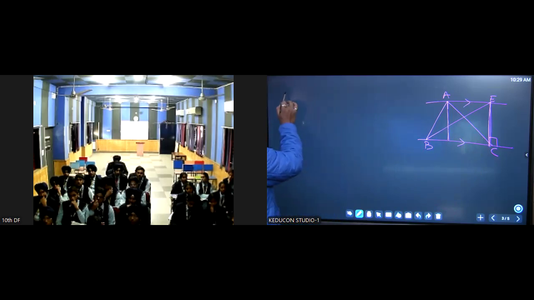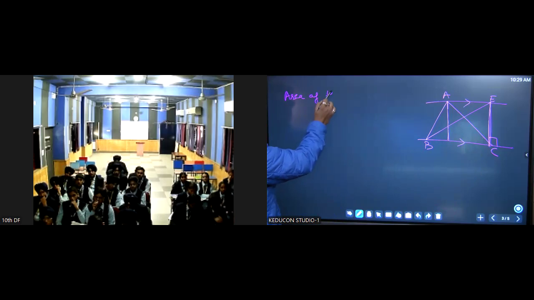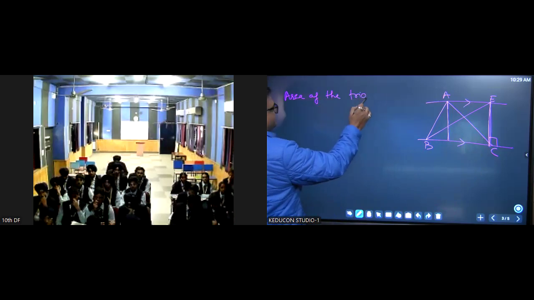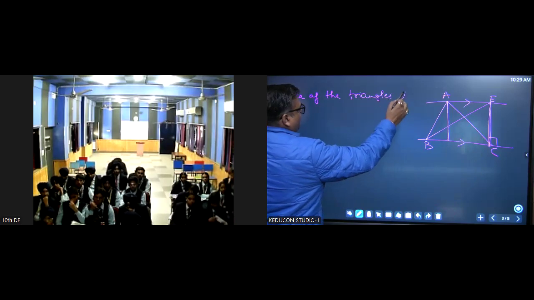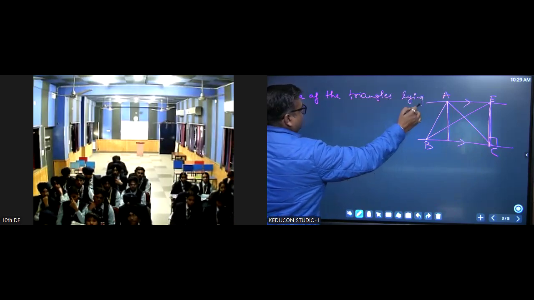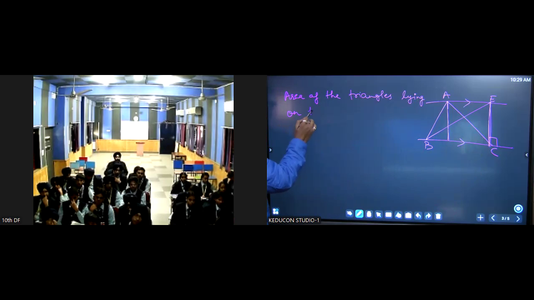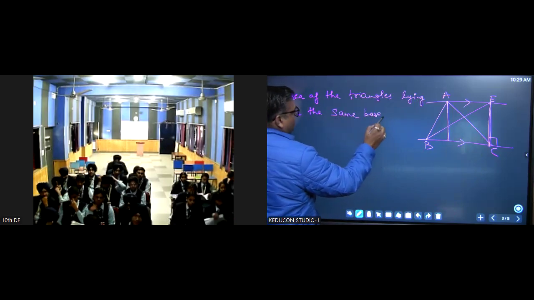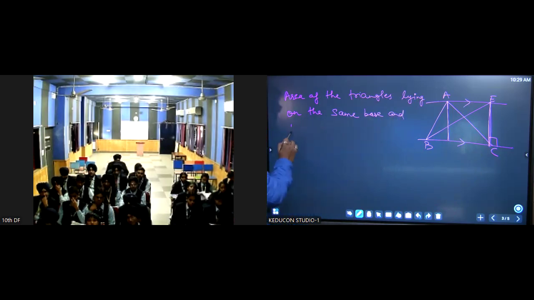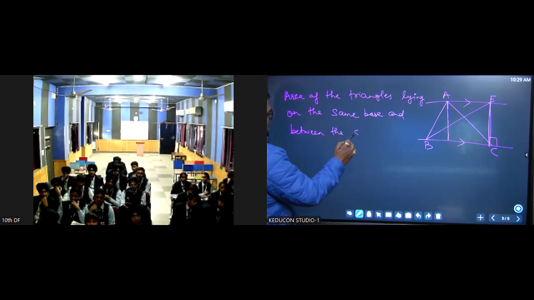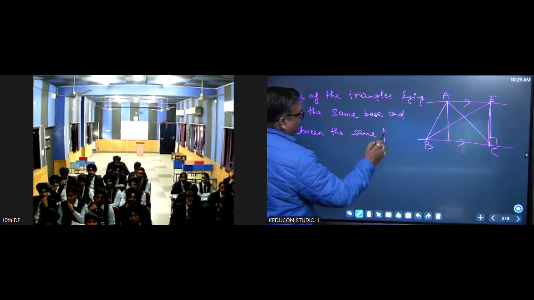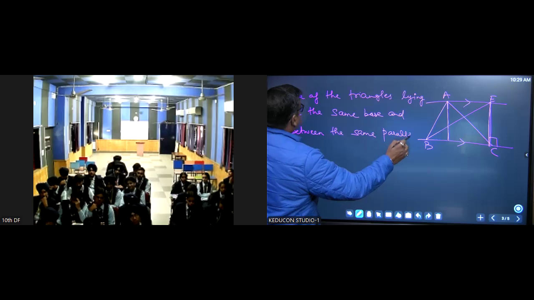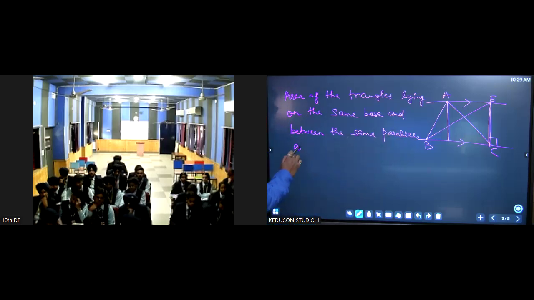What is the theorem? You can write down: area of the triangles lying on the same base and between the same parallels are equal.